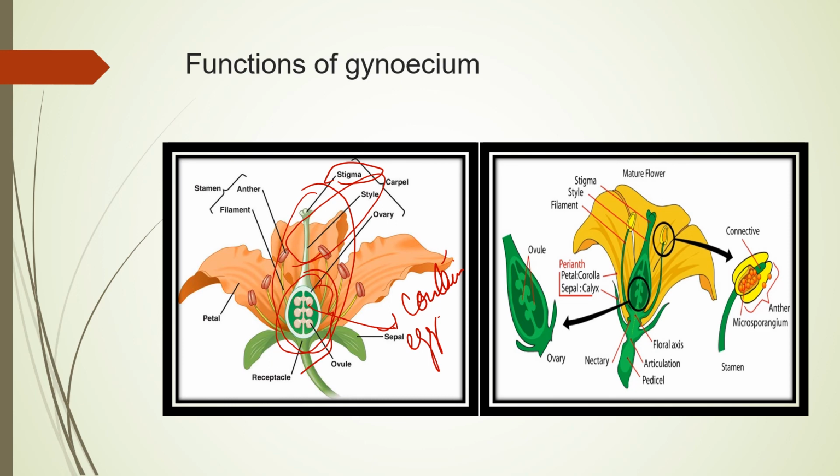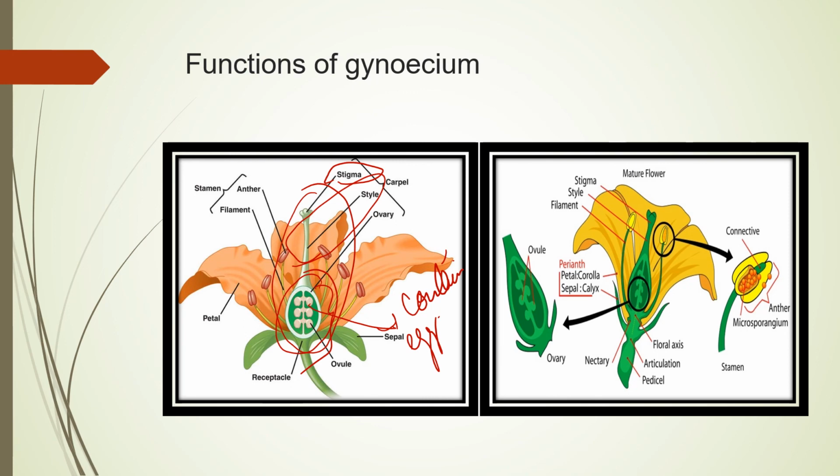So next, let us move on to the next main function of gynoecium. Now we have already told in the previous part that the style is bearing the most suitable position of stigma, which is helping to receive the pollen from other flowers as well as the same flower during pollination.